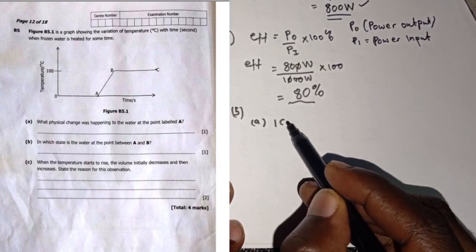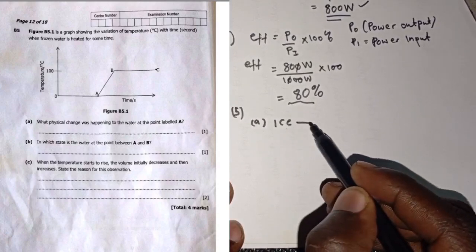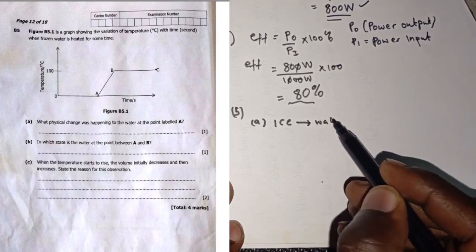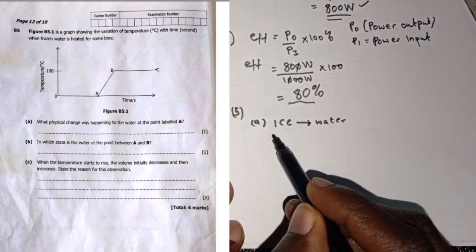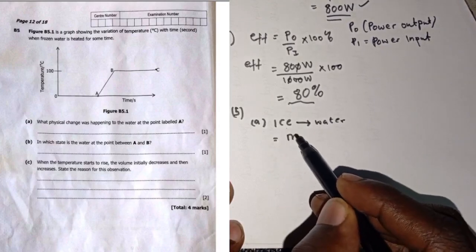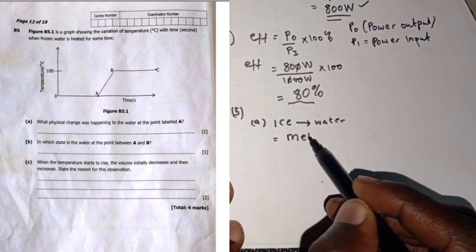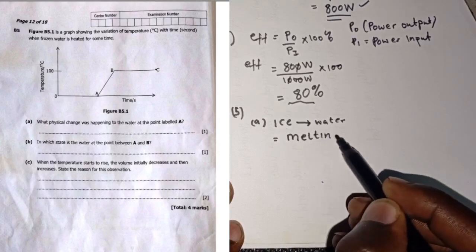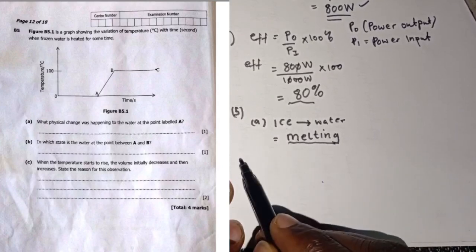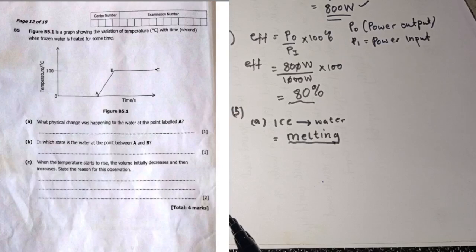So here is a point where ice is being changed into water, which is liquid. So what do we call this physical change? Very simple, it's just melting. That is the answer for A.